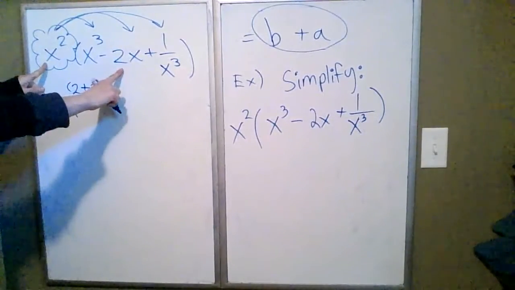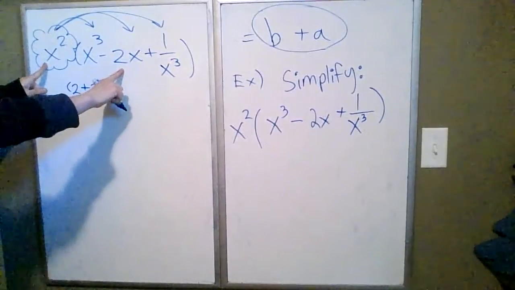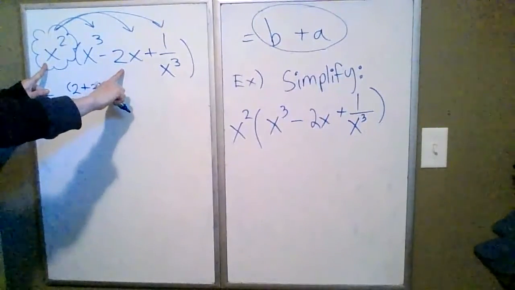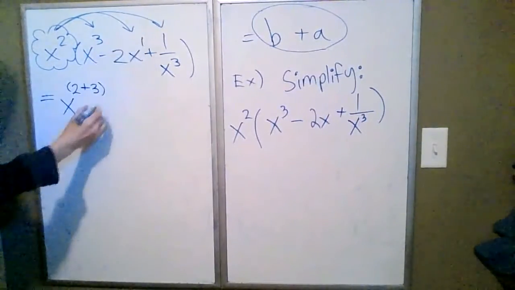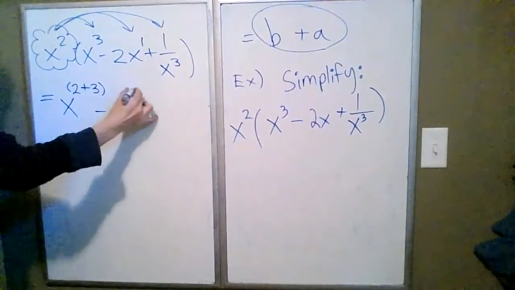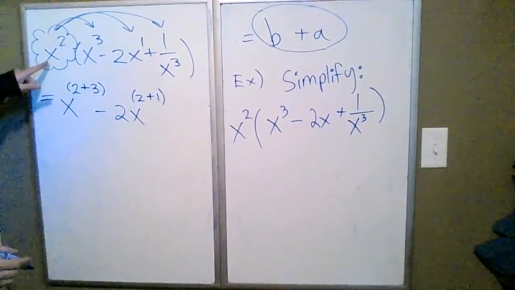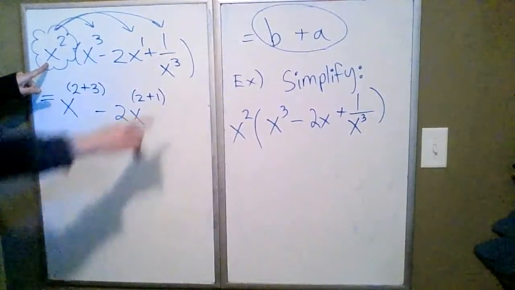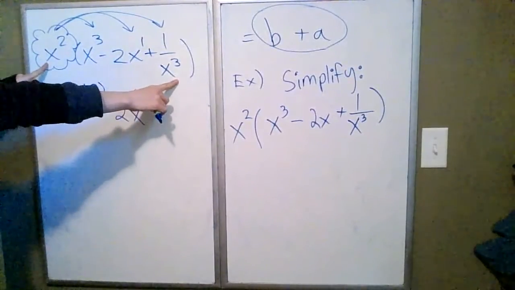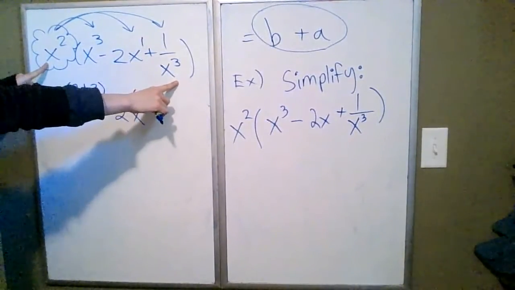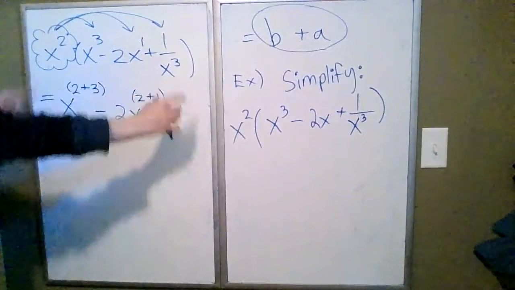X squared times negative 2x will be negative 2, and x has a power of 2 plus 1. X squared times 1 over x cubed, your base is x, and the power is 2 minus 3.